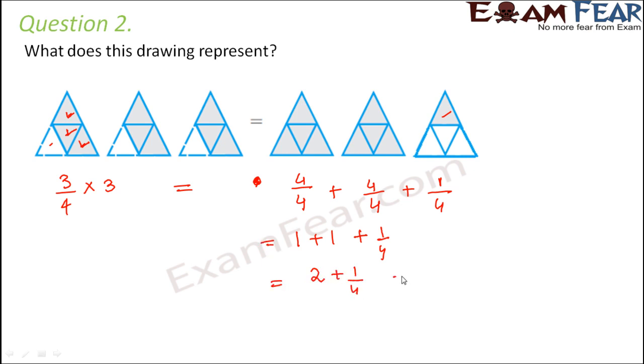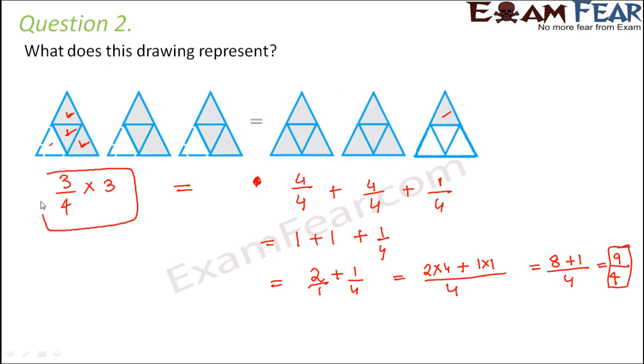So how do we add this? Here you have 4, and here you have 1. So 1 into 4 is 4. Therefore 2 into 4 is 8, plus 1, divided by 4. So this is 9 by 4. So this represents 9 by 4.